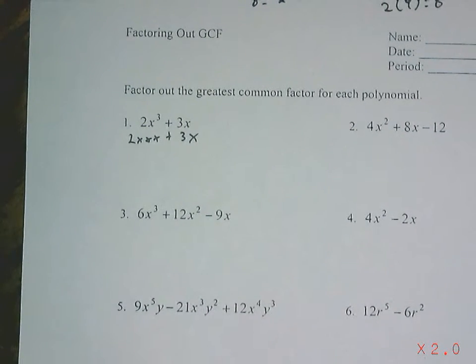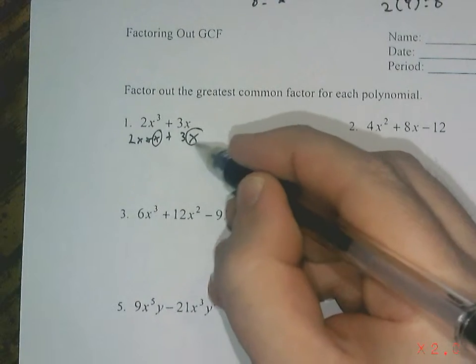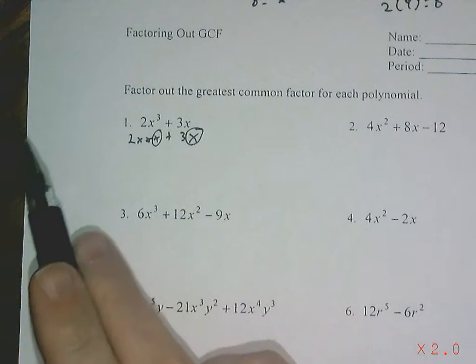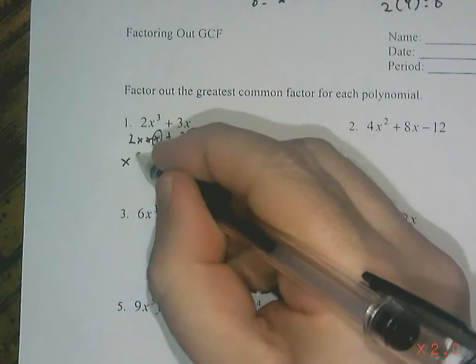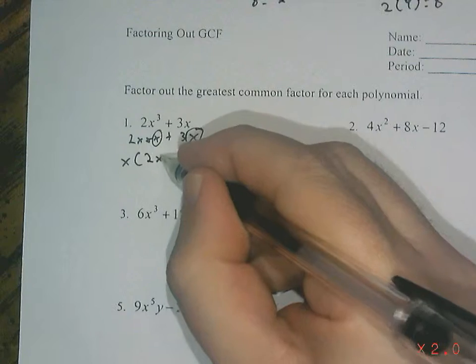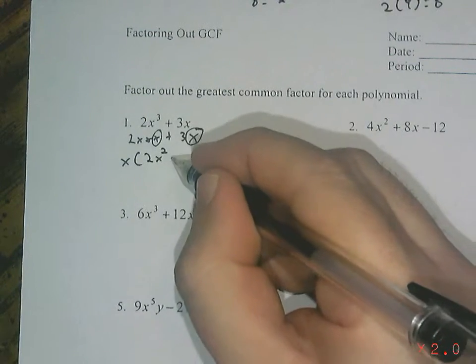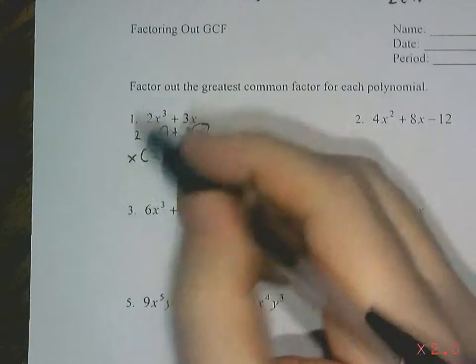Well, 2 and 3 aren't the same number, so they're not common. Each one does have a factor of x, though. So I can take out an x and put it in front. So I'd have x times, there's only 2 x's left here, so it'd be 2x squared, and then there's just a 3 there, so plus 3. Okay? That is the factored form.